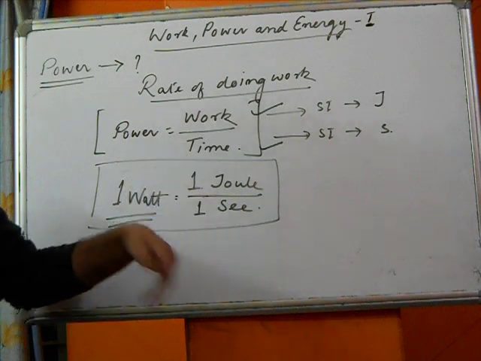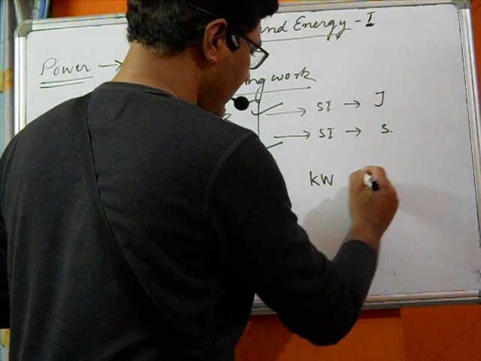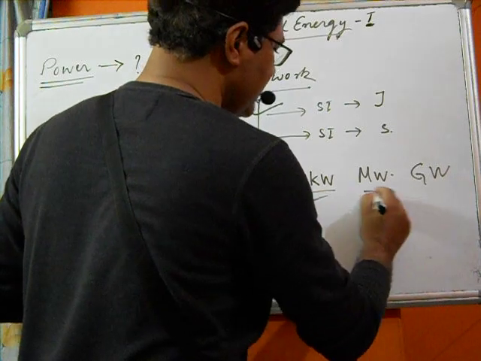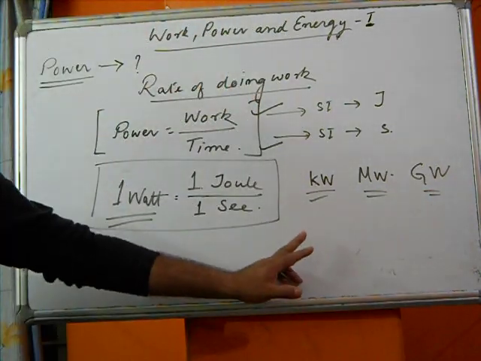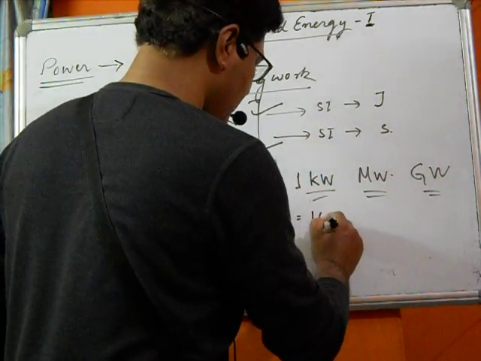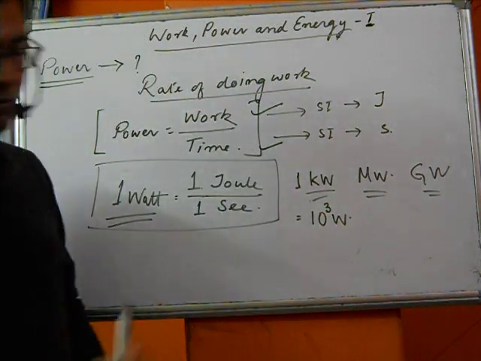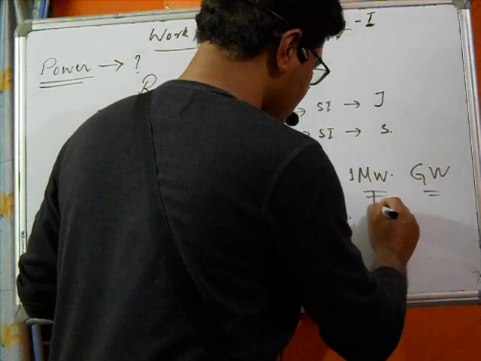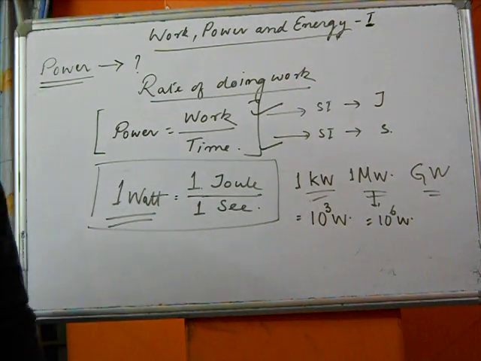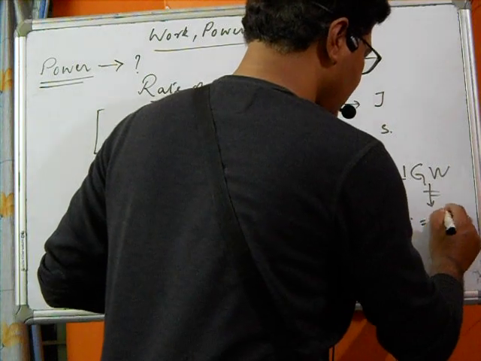This is very important. There are multiple units: kilowatt, megawatt, gigawatt. These conversions you should know. 1 kilowatt equals, kilo means 10 to the power 3 watt. 1 megawatt is 10 to the power 6 watt. 1 gigawatt equals 10 to the power 9 watt.